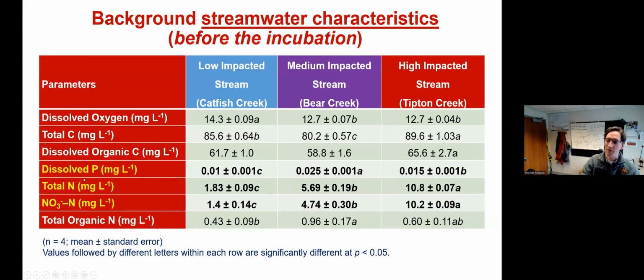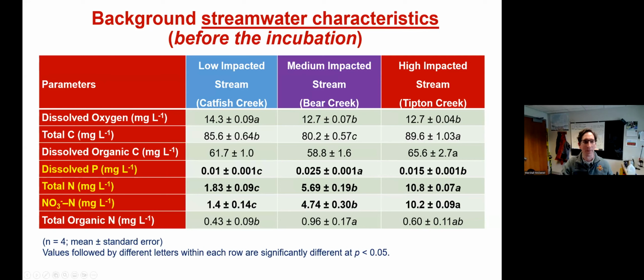I don't have this up now, but we do have organic or total P, and most of it was dissolved, what we were able to filter. So we did account for all the phosphorus later, but at the time we made these tables it wasn't included here, but it's still very low.